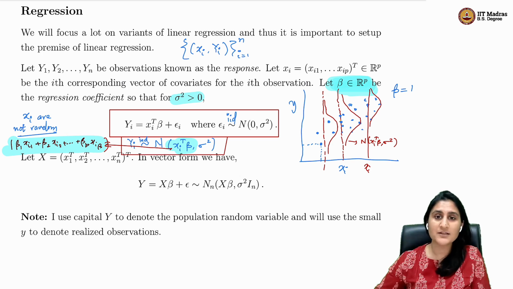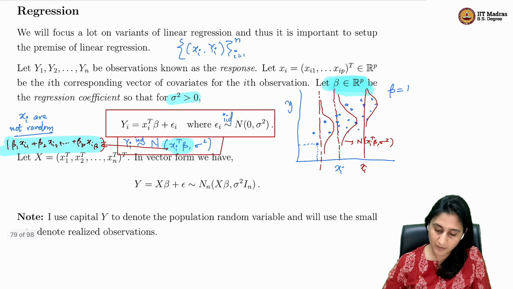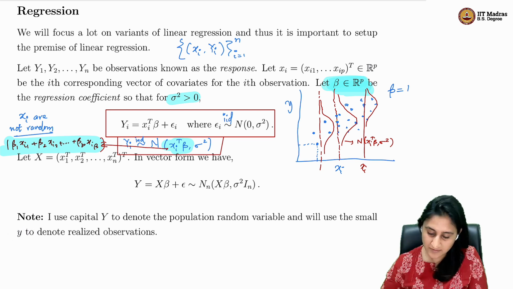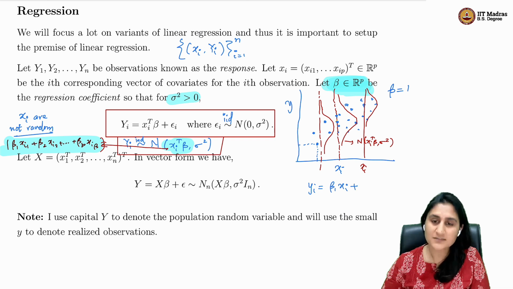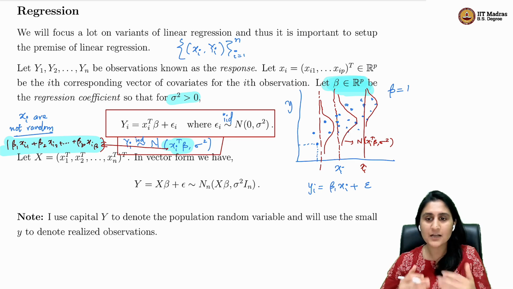Now, in this one-dimensional situation, my model is actually just yi equals beta 1 xi plus epsilon. Epsilon meaning that there are random errors.